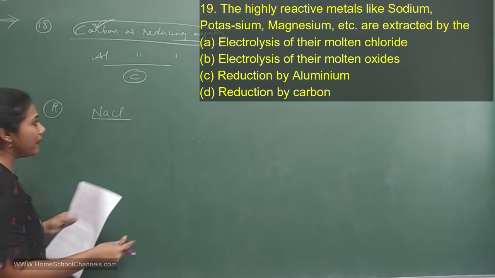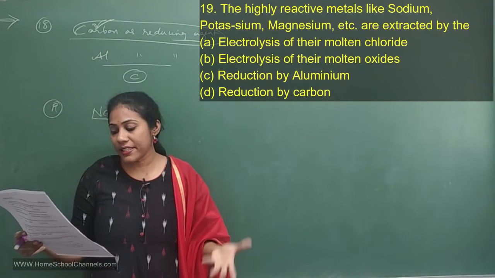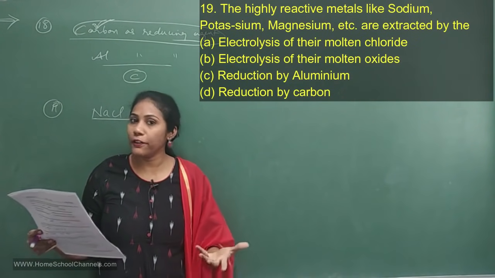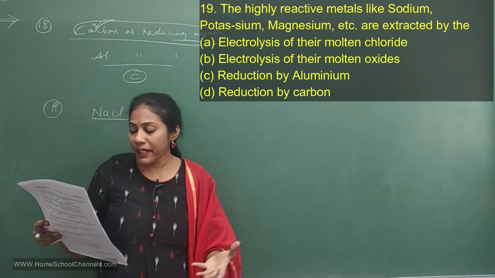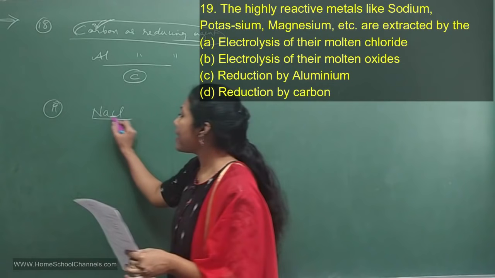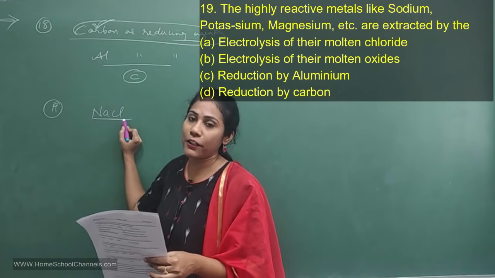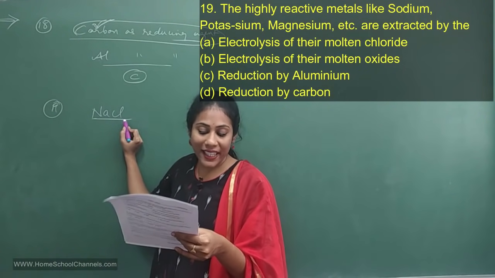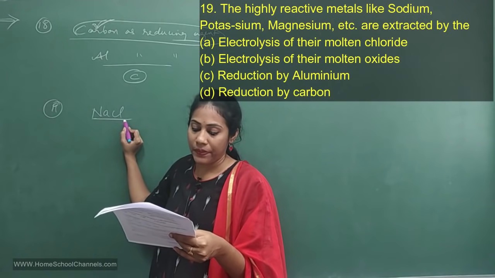So here sodium chloride is a salt form, it's a molten chloride form. So similarly, potassium and magnesium also can be extracted in their molten salt form. Okay, so option A only is the correct answer.